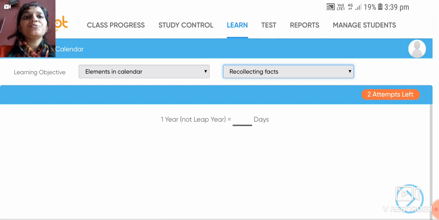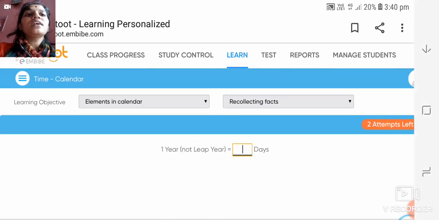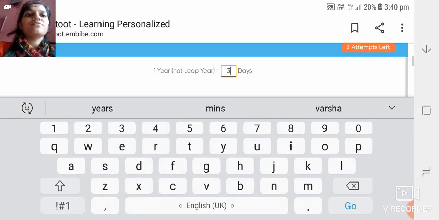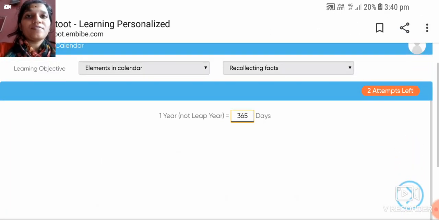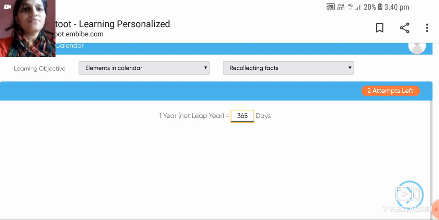So students, we know that there is a difference between a common year and a leap year. There is a difference in the number of days. A common year has how many days? 365. So we are going to enter the number of days, that is 365, and check our answer.